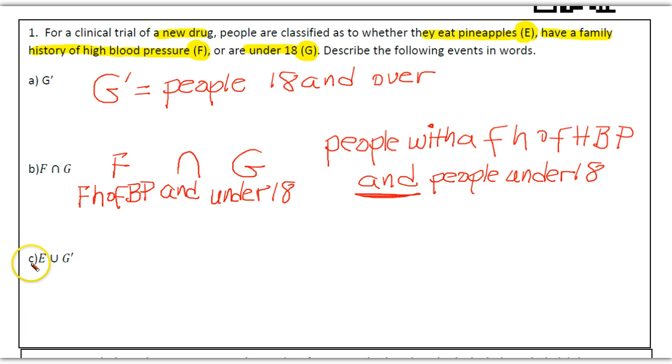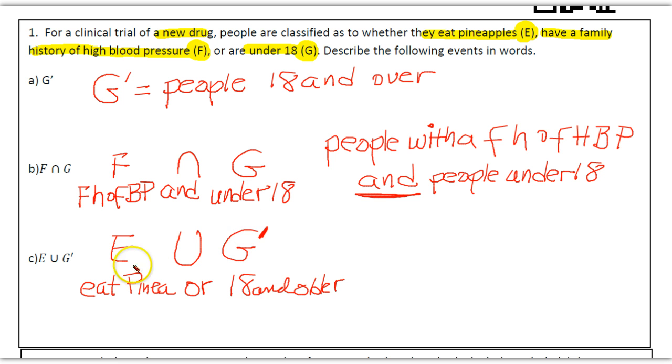All right, let's look at letter C. And hopefully we're giving you a strategy step by step to get to an answer. So set E are people that eat pineapple. And then this is the union symbol, or, and we already did this one up here, people who are 18 and over.